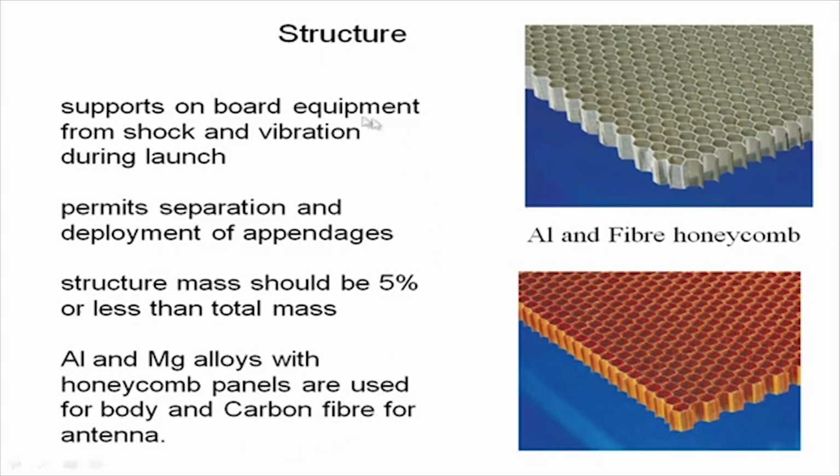So, the structure has to be here also. It is only information we need. For a communication engineer, not much is required. So, with this, very briefly, we have gone through the different parts of the subsystems which make up the satellite bus.